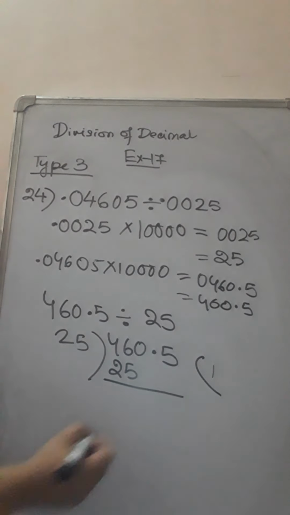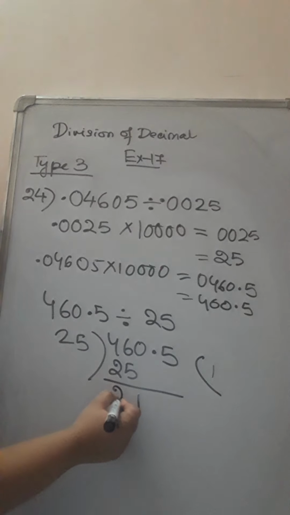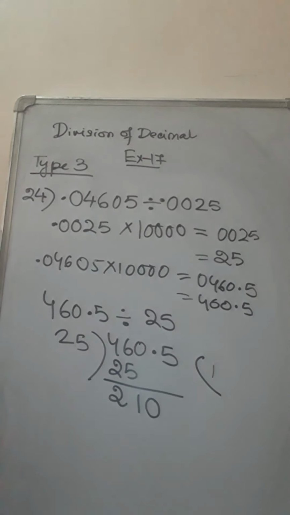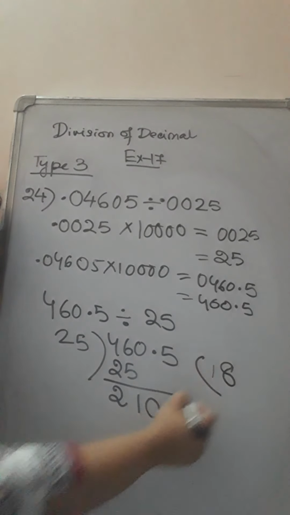Then the remainder is 21, and we take down the 0 because 21 cannot be divided by 25. 25 eights gives 100, so we take 8.